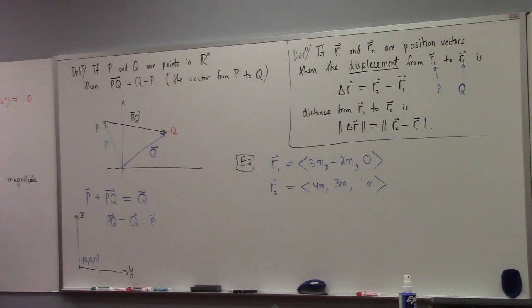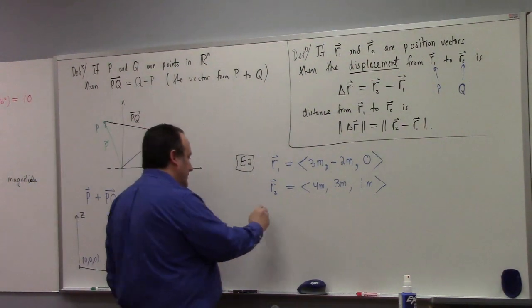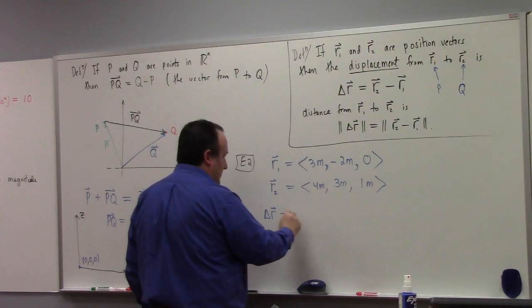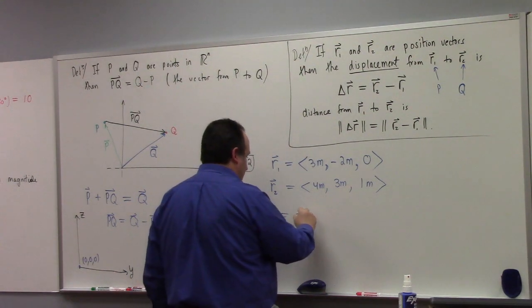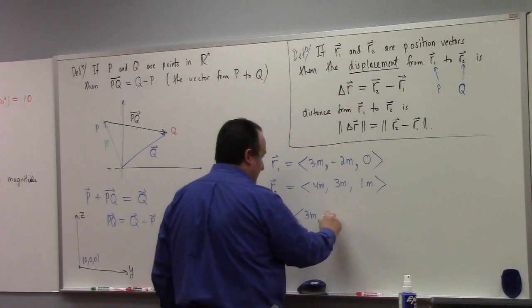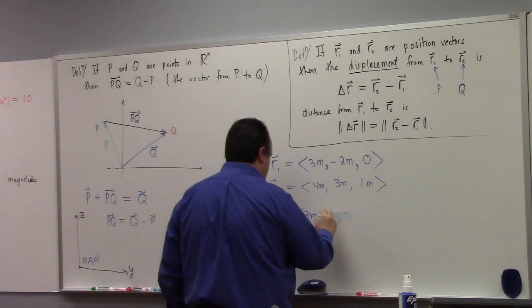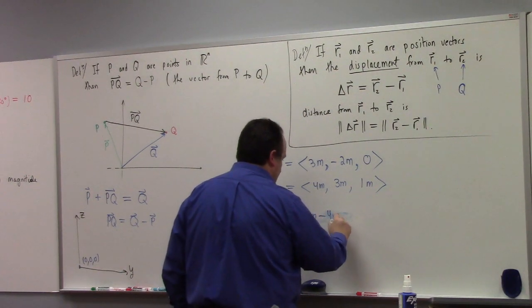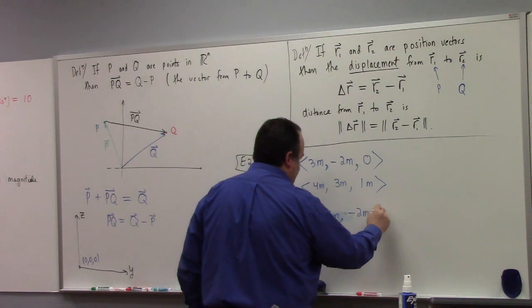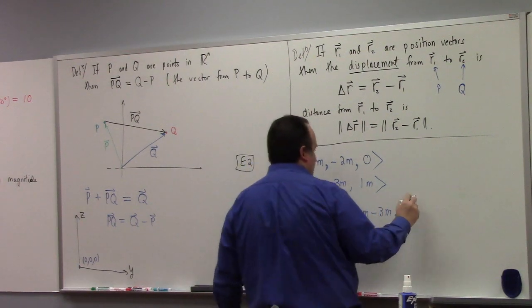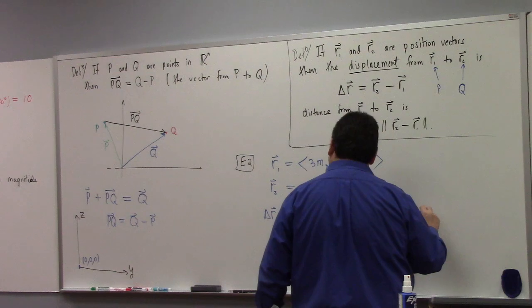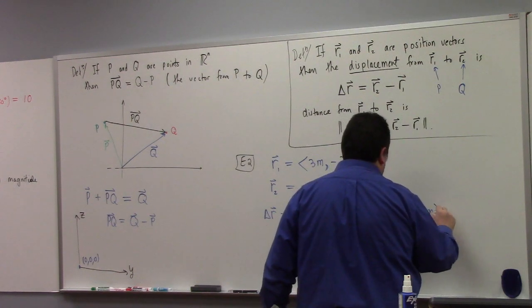All right, and then we can calculate what's the displacement between Caleb's shoulder and extended Ruth. So here we go. Displacement would be 3 meters minus 2 meters. Let me get to the point here. I need to write so much. So we've got 3 minus 4 meters, and then minus 2 meters minus 3 meters, and then 0 minus 1 meter.